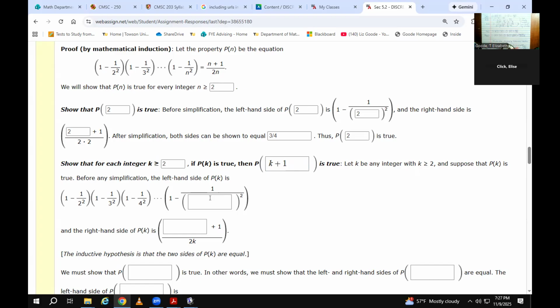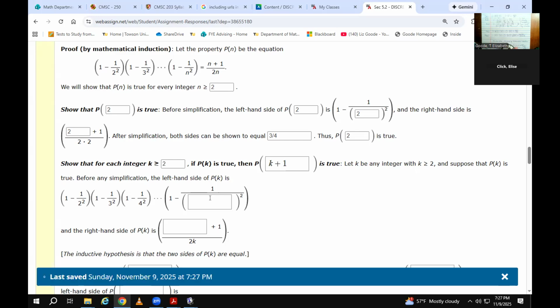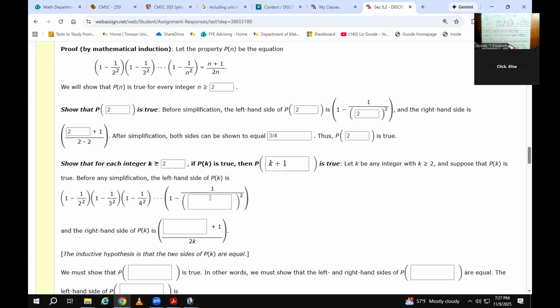If this huge hypothesis of the principle is true, then we get to say P of n is true for all integers n bigger than or equal to whatever the lowest level was, 2 or n naught. But part of that big fat hypothesis of the principle is this if then statement that if P of k is true, then the next step, P of k plus 1 is true.